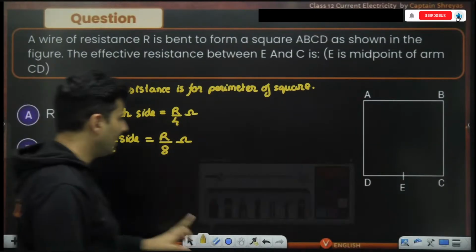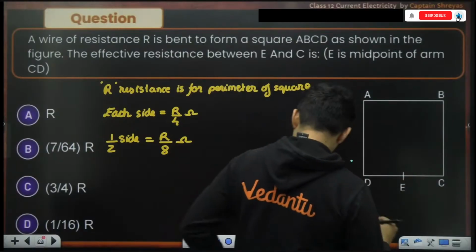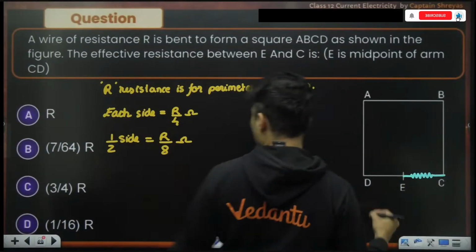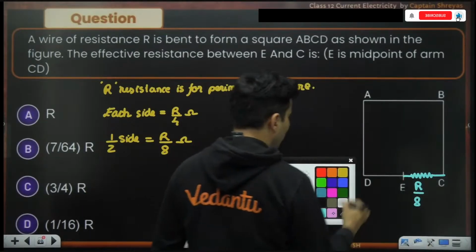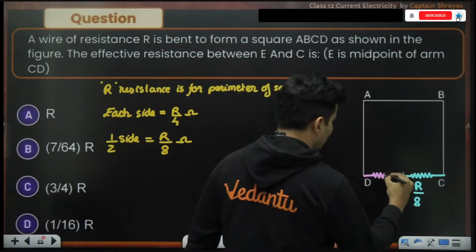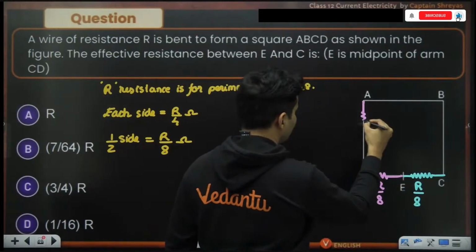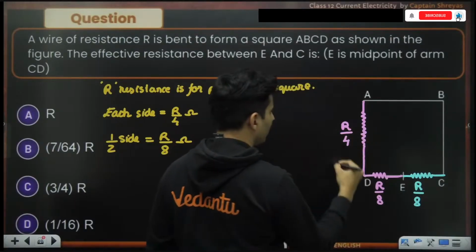This I kept in mind. That means this much resistance is how much? R by 8. This much is R by 8. And the remaining things over here, this is R by 8. This thing over here is R by 4. Correct?